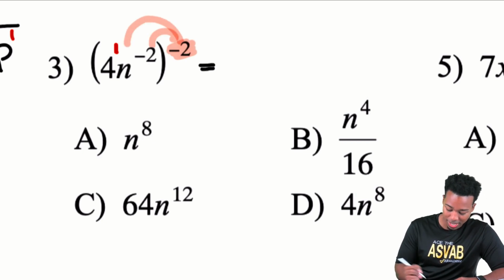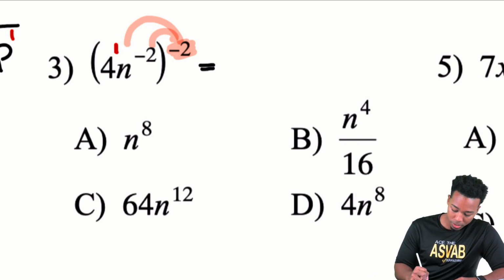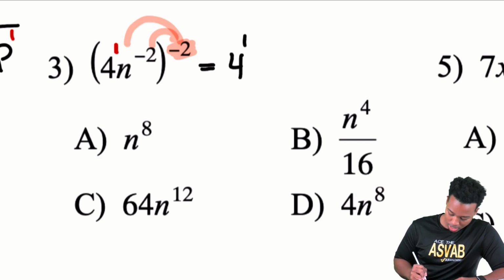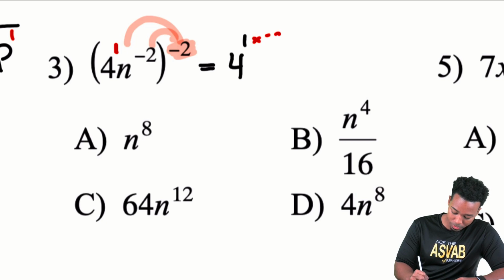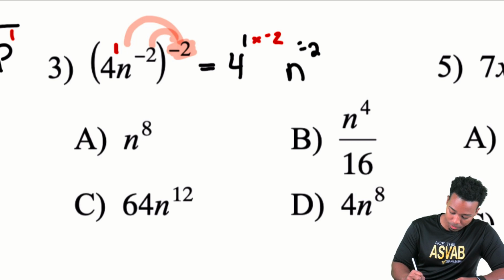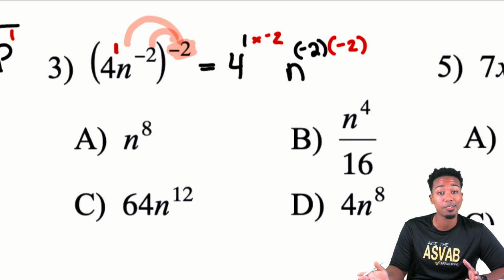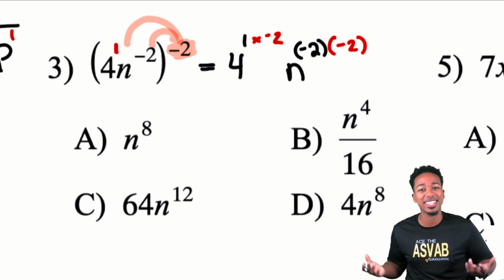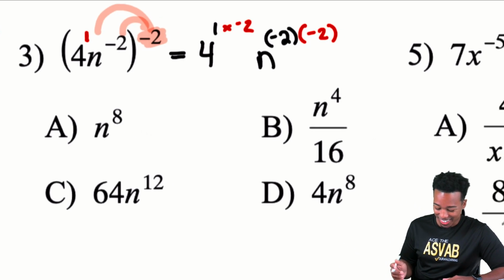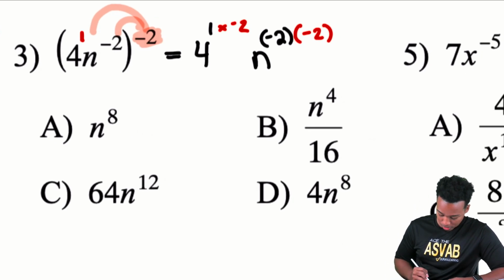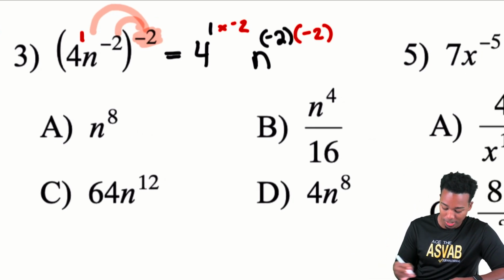All you need to do again is take that power and multiply it with these exponents. So what's going to happen here is 4 to the power of 1, we're going to multiply by negative 2. And then we're going to have n to the power of negative 2 times negative 2. So with that said, we're just going to follow the rules and see where it leads us. We got this. And so with that, we have 4 to the power of 1 times negative 2.